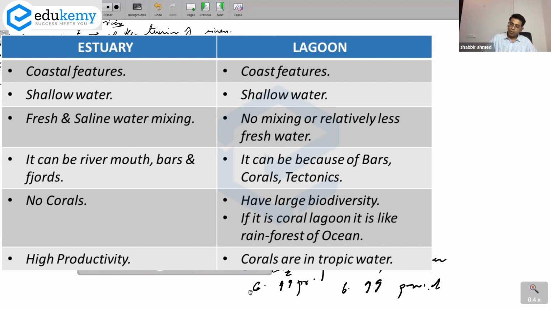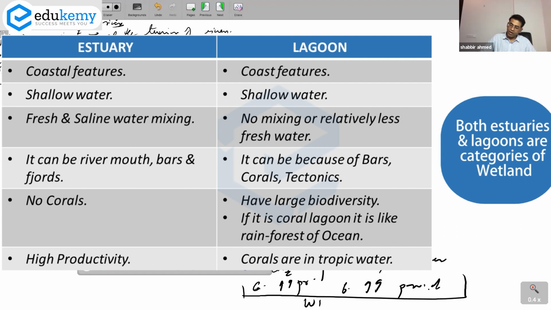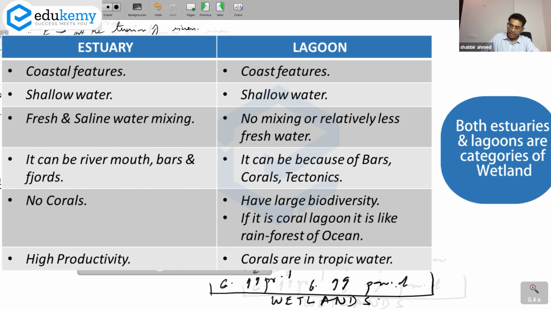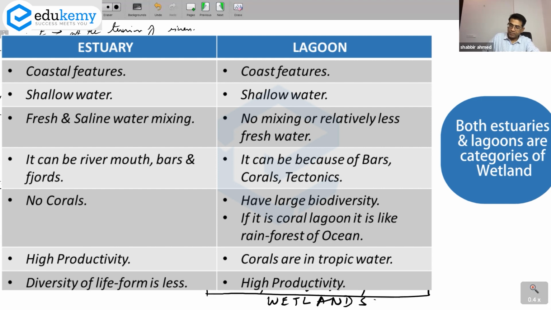And remember, both estuaries and lagoons are one category of wetlands. One more difference: in estuaries, the diversity of life forms is less.